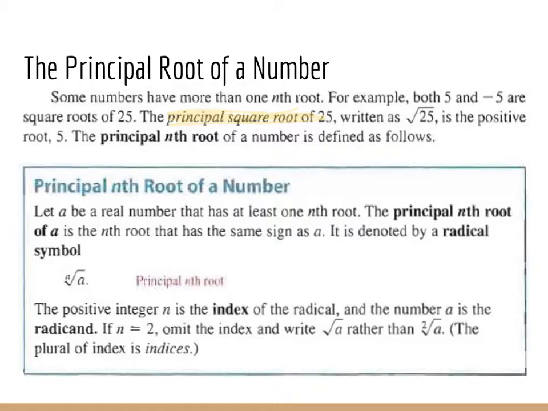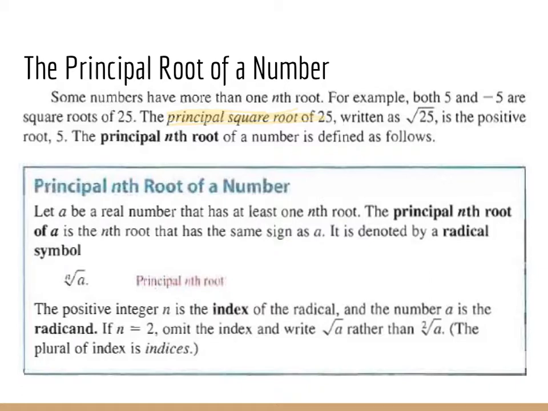The principal nth root of a number is defined as follows. Let a be a real number that has at least one nth root. The principal nth root of a is the nth root that has the same sign as a. It is denoted by a radical symbol, the nth root of a.